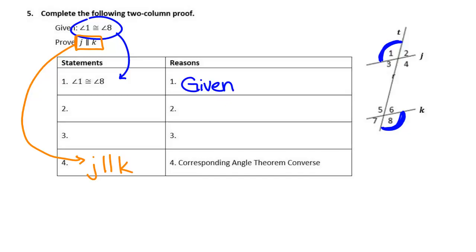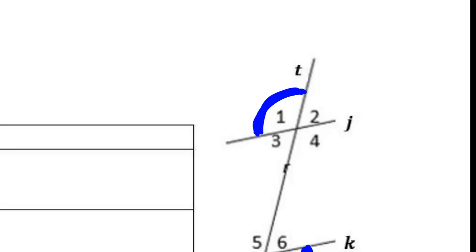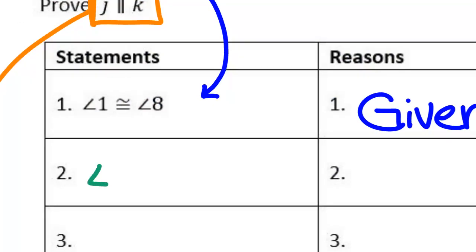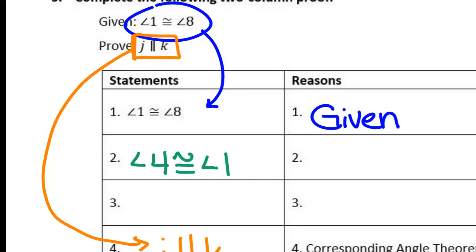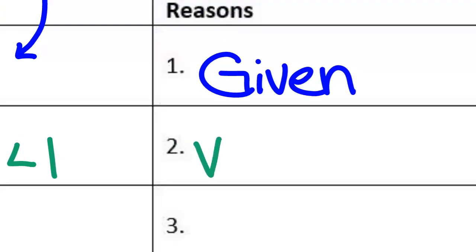Do I know anything else that's either the same size as angle 1 or the same size as angle 8? Angle 4 is the same size as angle 1. So I can say that over here. Angle 4 is the same size as angle 1. Why can I say that? Vertical angle theorem. Those are vertical angles.